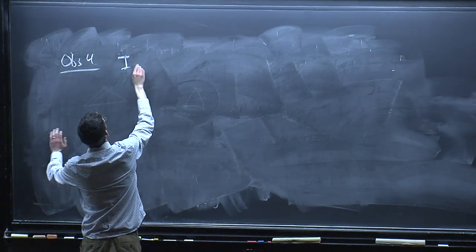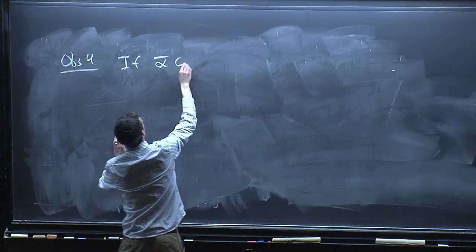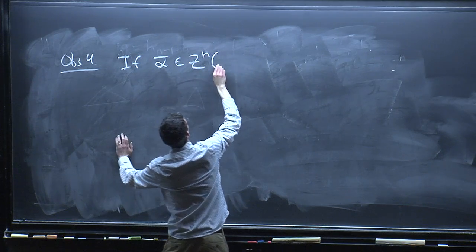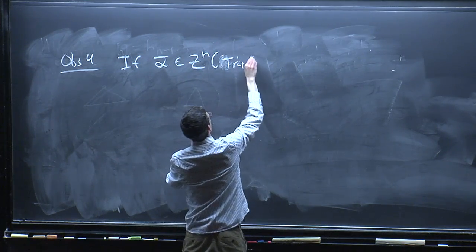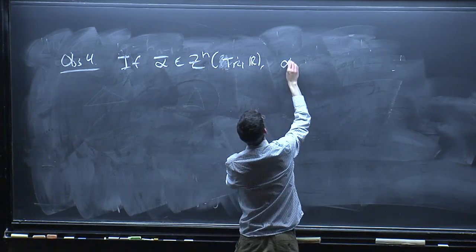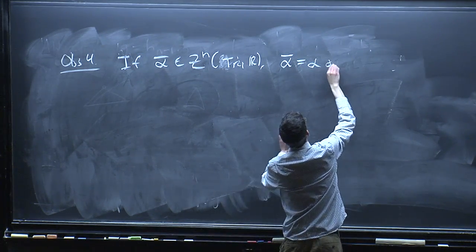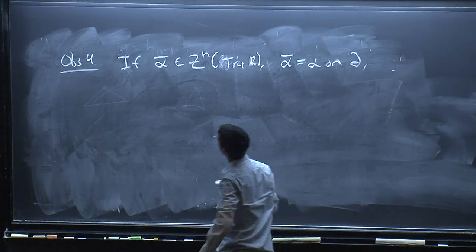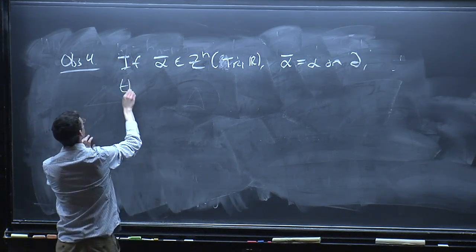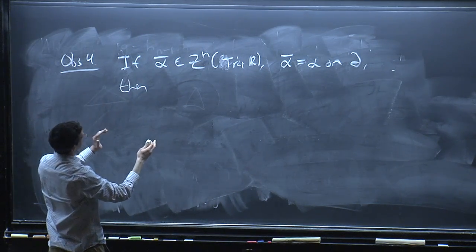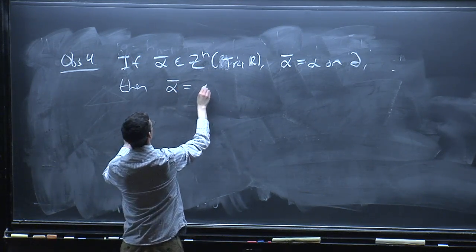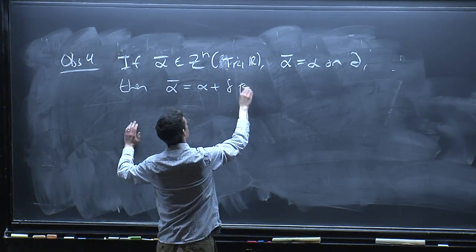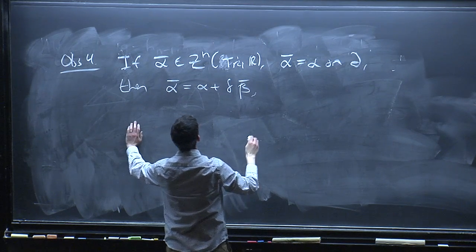Observation 4 says if alpha bar is any cocycle on my triangulation, real values, and it agrees with alpha on the boundary, then, because the relative cohomology group is 0, alpha bar is automatically alpha plus a coboundary of beta bar.